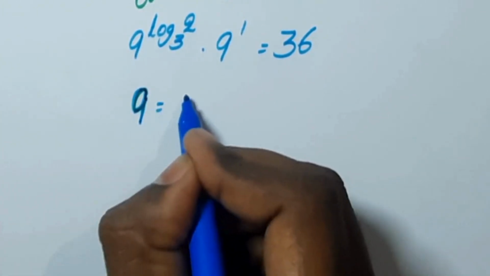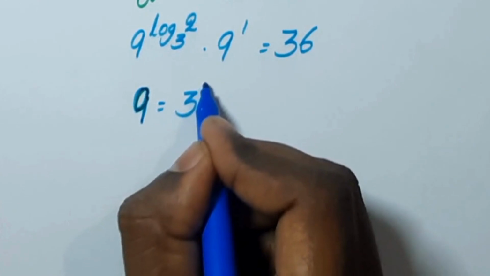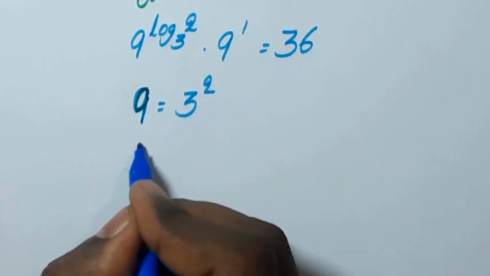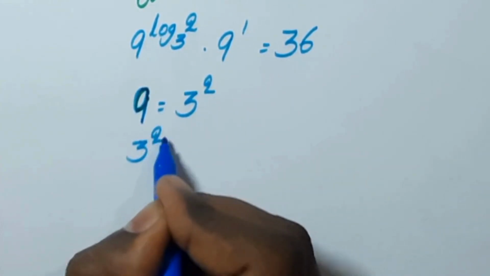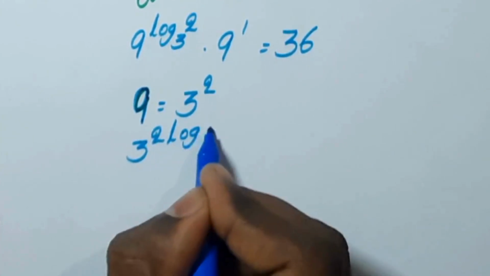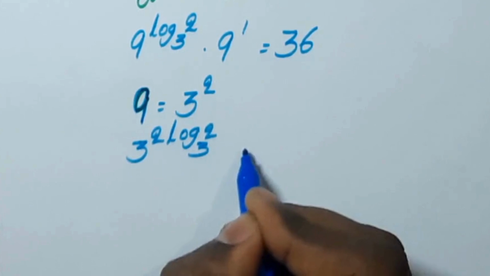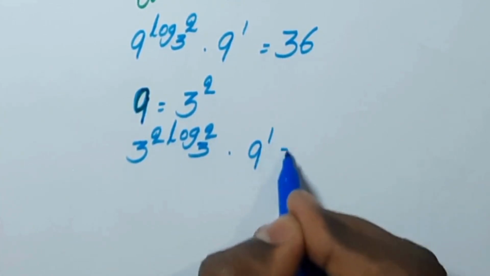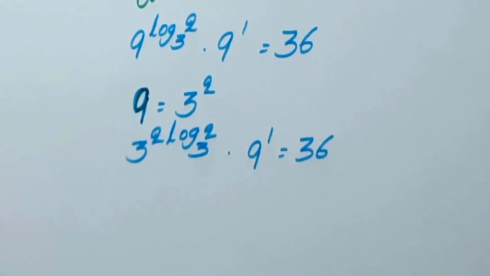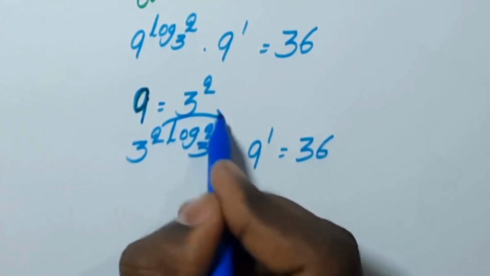9 equals 3^2. So 3^(2 log 2 base 3) times 9^1 = 36. As per the power law formula, this 2 comes here.